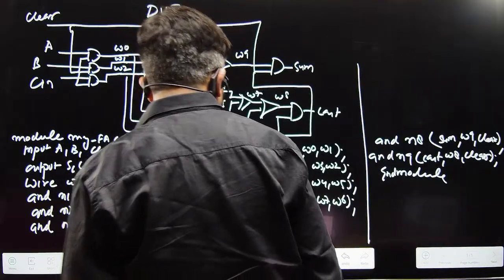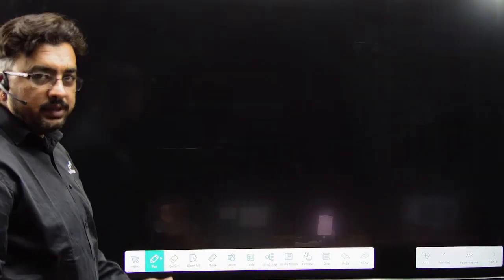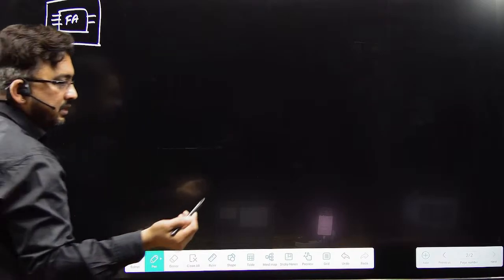Okay. Now I'm going to write the test bench code of my design. So, for example, this is my full adder. Full adder has three inputs, two outputs. So this design, this DUT or unit under test, okay, you can say UT also.